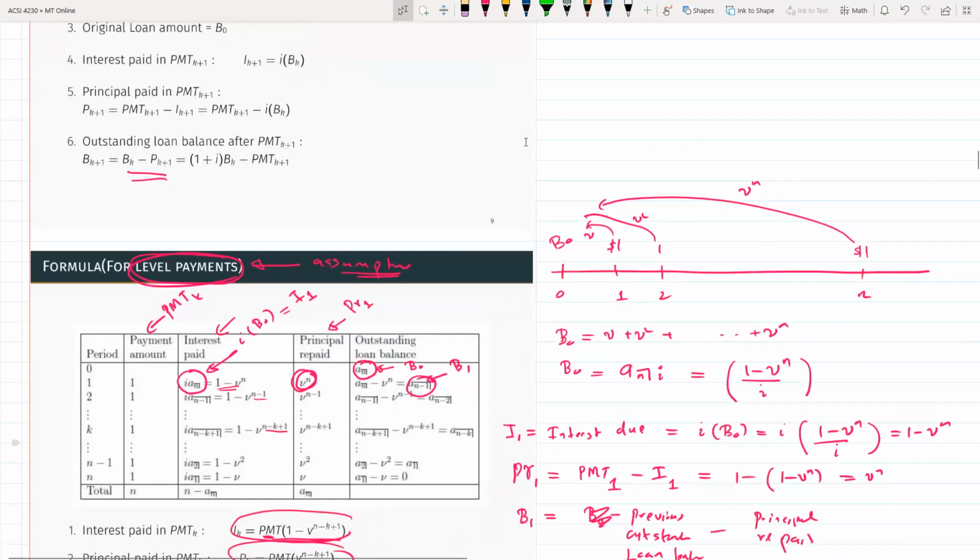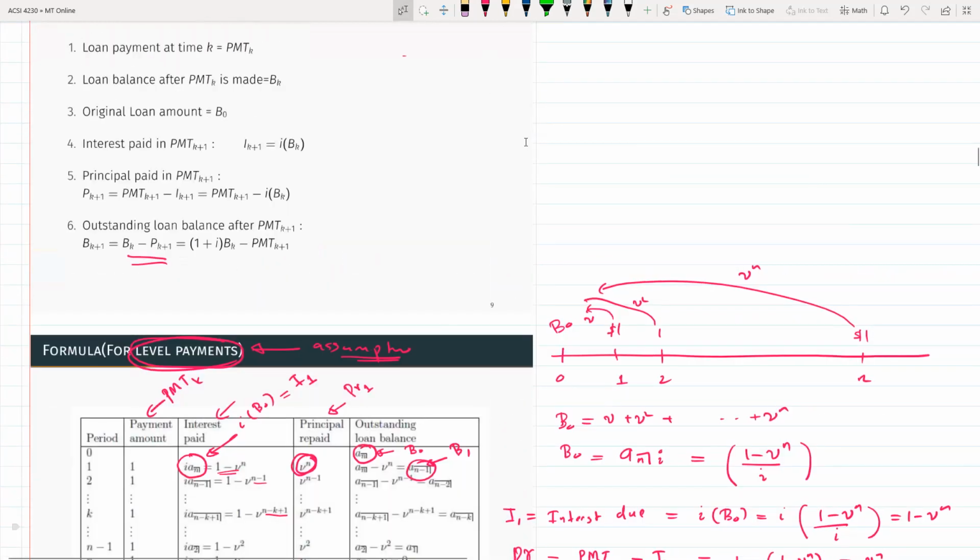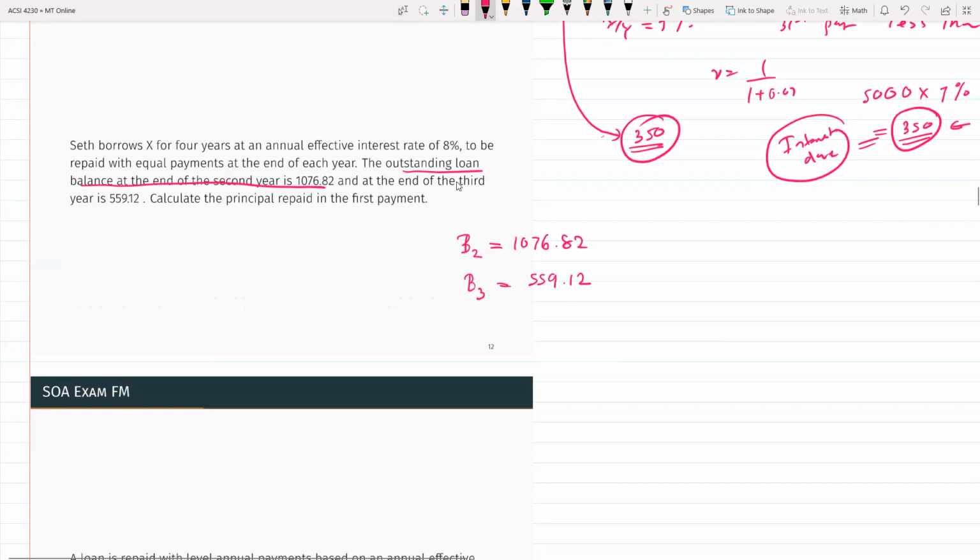If you look at this one, so you can say B3 is B2 minus the principal repaid, and B2 times i is the interest due.